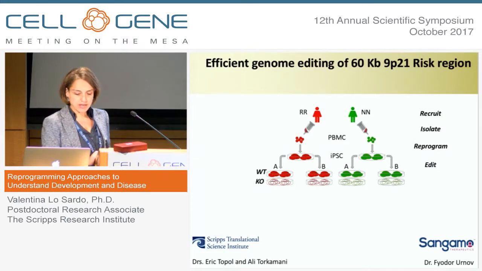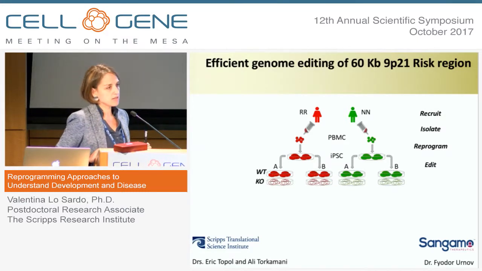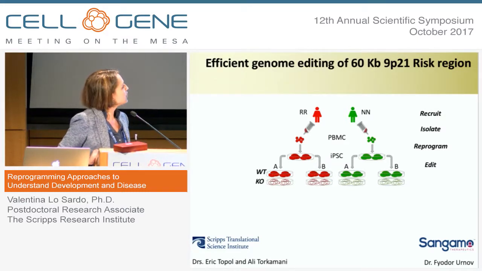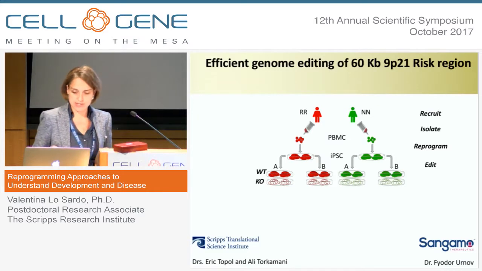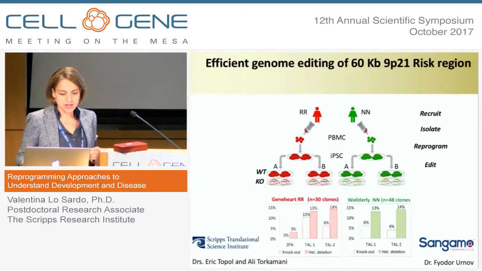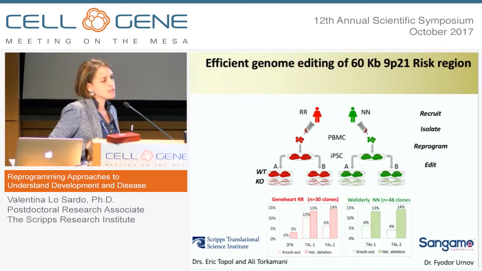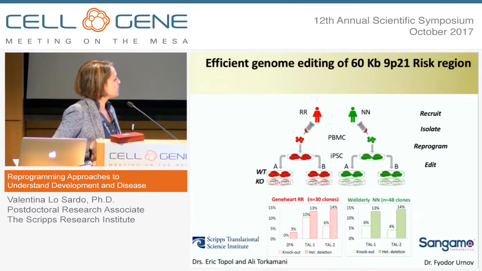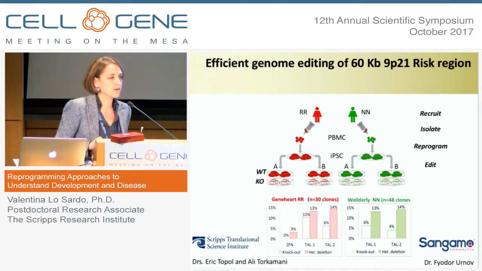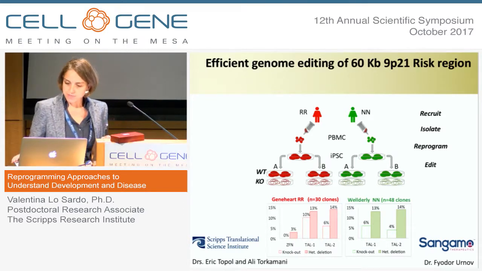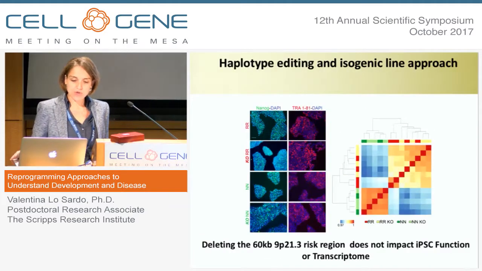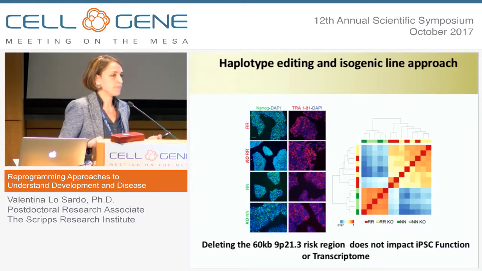We used two independent sets of TALENs, and we were able to generate wild type and knockout lines, completely knocked out for the 60 kb locus. With quite good efficiency, we got heterozygous deletion and knockout deletion in both patients with both TALEN sets.